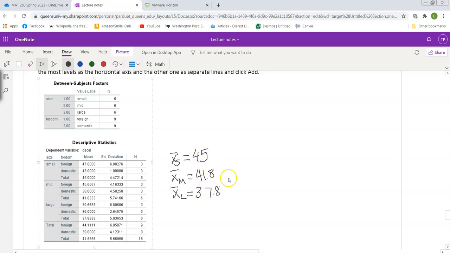So you can see the same thing we saw on that graph, which is that the larger the car, the less the chest deceleration. You can also see the totals for foreign and domestic.